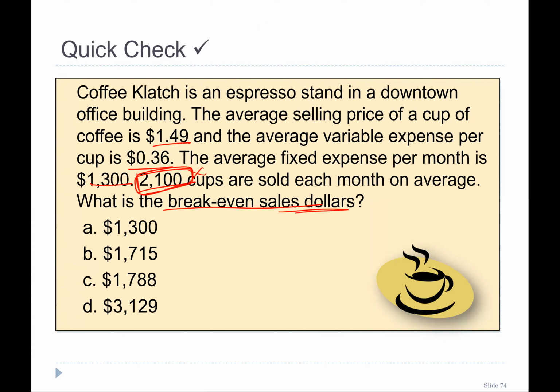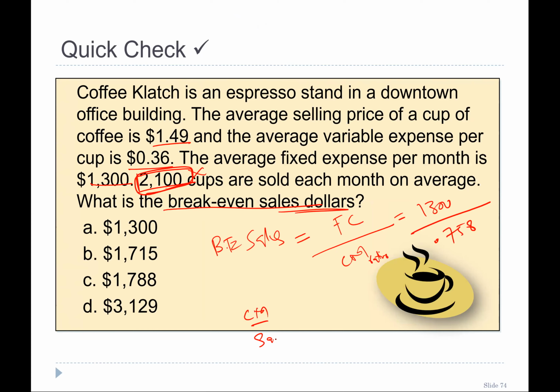So the break even dollar sales formula is, you can see that BE sales are equal to fixed cost divided by CM ratio, right? Our fixed cost is 1300 and our CM ratio was 0.758, if you remember. How did we calculate that? CM divided by sales.